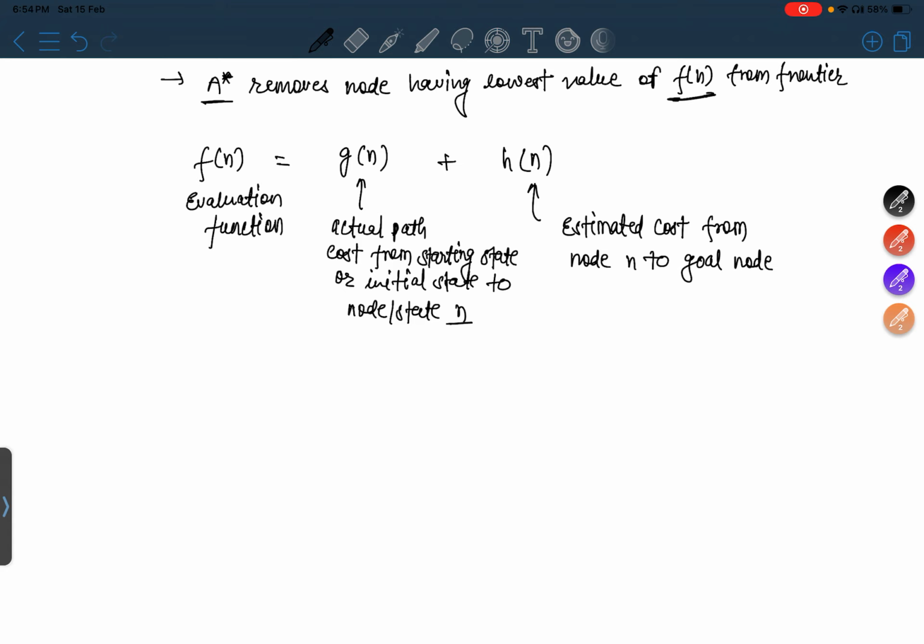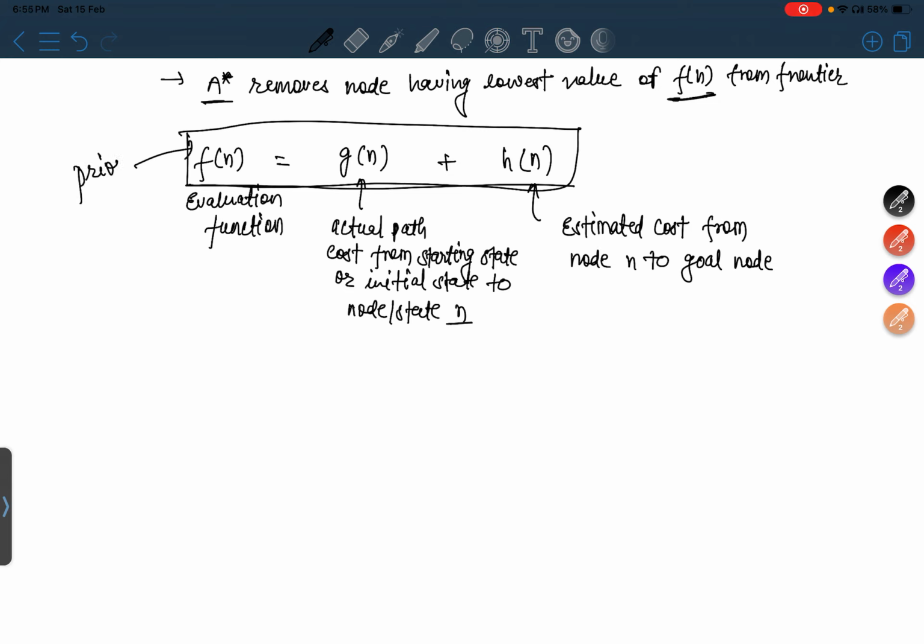So this is what we are using as our removal criterion, or the priority in the priority queue, for removing nodes. We'll remove the node which has the lowest value of f of n at any moment of time on the frontier.